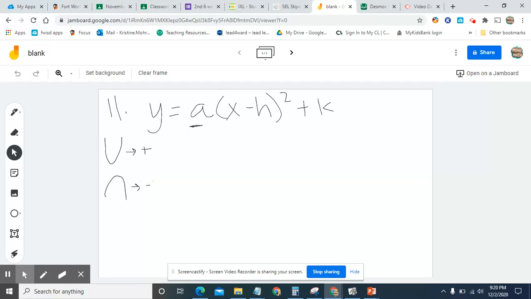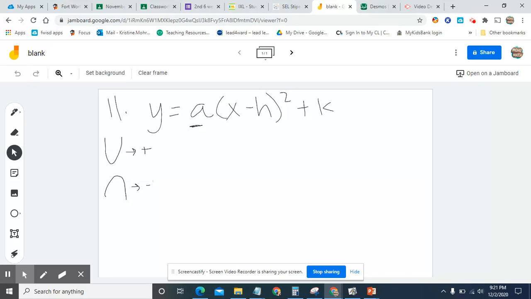And also, whatever number A is determines if it's a stretch or a shrink. So a stretch is a whole number, like 1, 2, 3, 4, 5, 6, and so on. And a shrink is a fraction. A fraction is a smaller piece of a whole, so it gets smaller. It shrinks, basically.